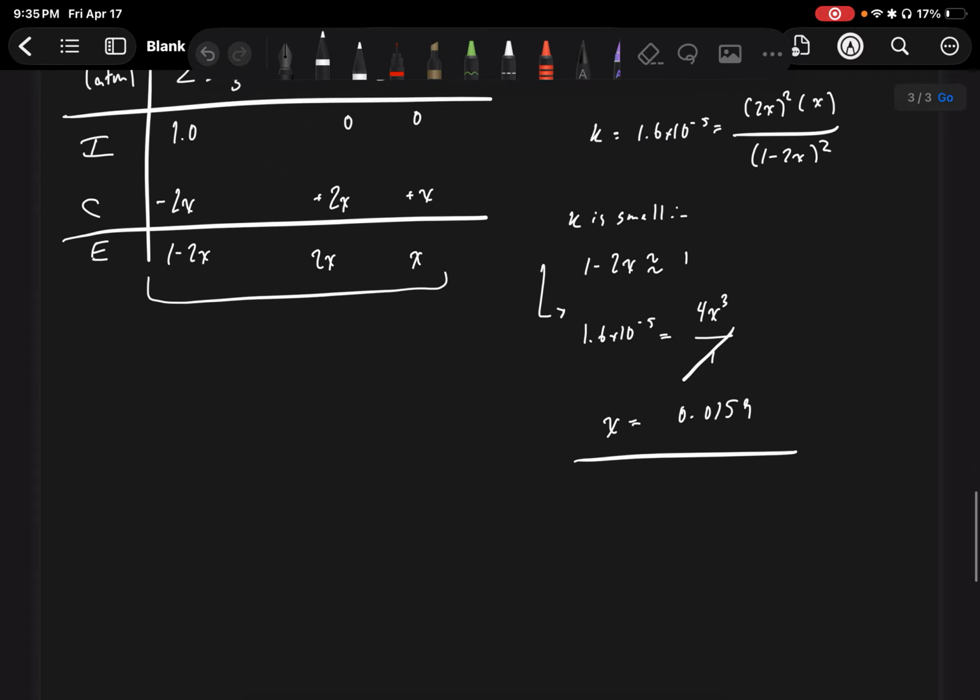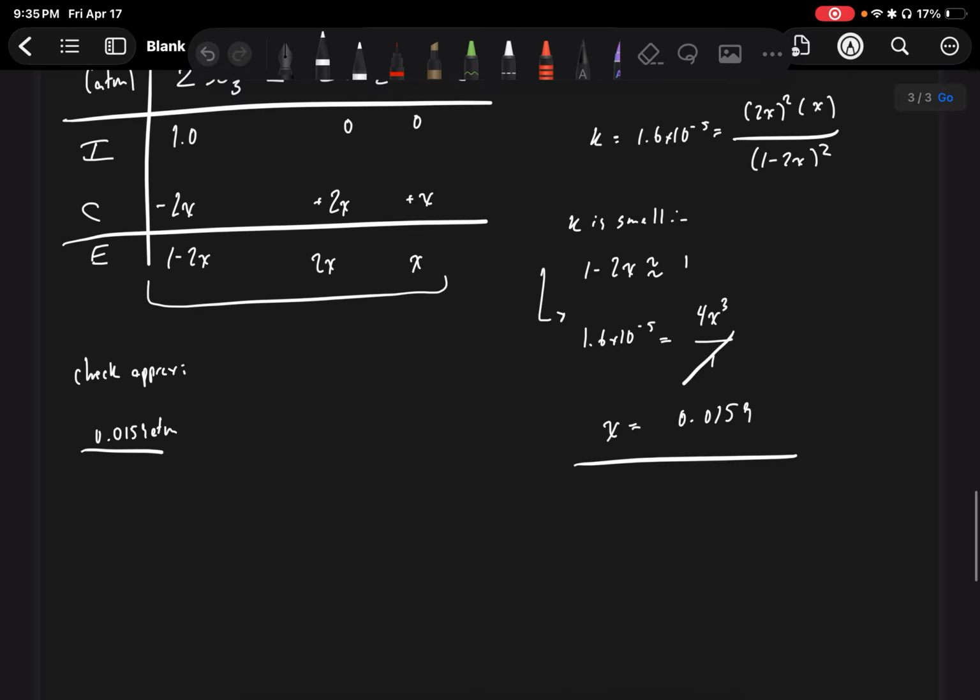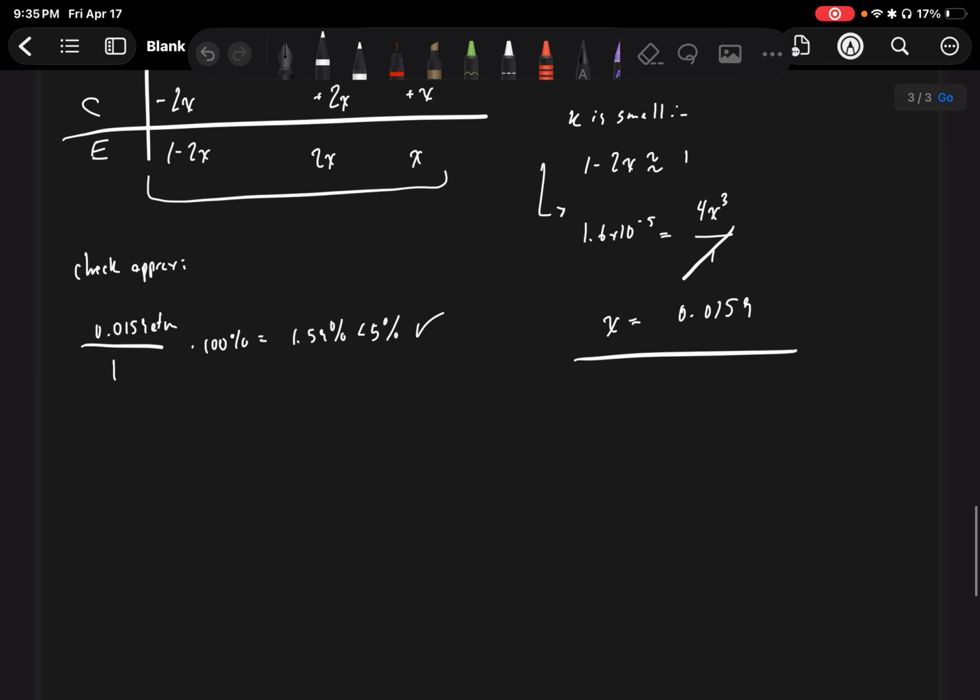Oh wait, first we gotta check the approximations. 0.0159 ATM. I didn't put units in my last one, that's my bad. Divided by 1 is equal to, multiplied by 100, less than 5%. We're all good. Okay, check approximation.